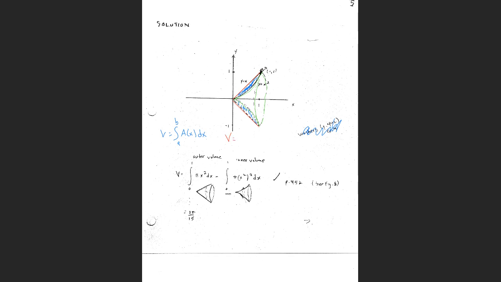from c to d, where the cross-sectional area is given by a function A(y). So in this case, we are going to be using this formula. Let me write that formula down again.